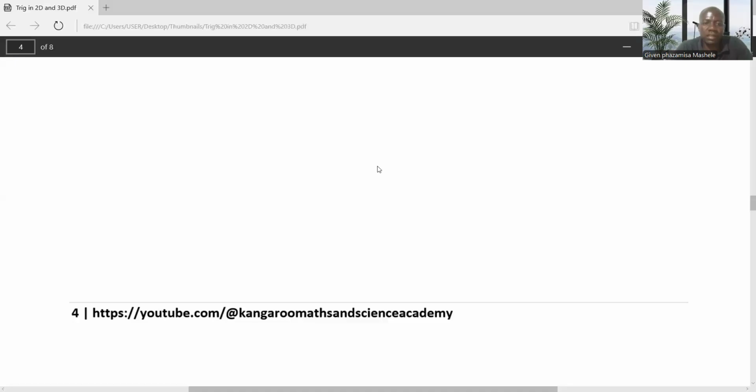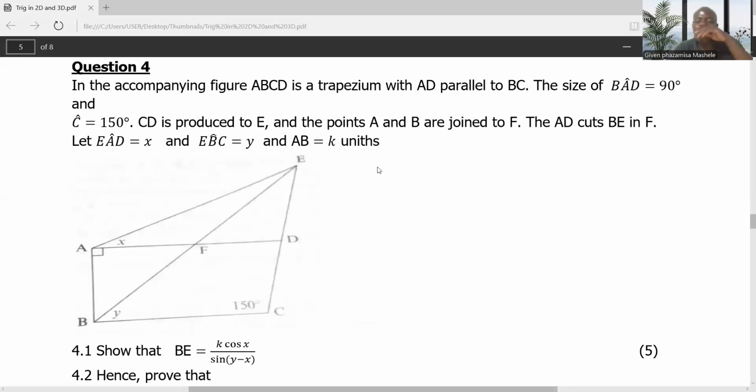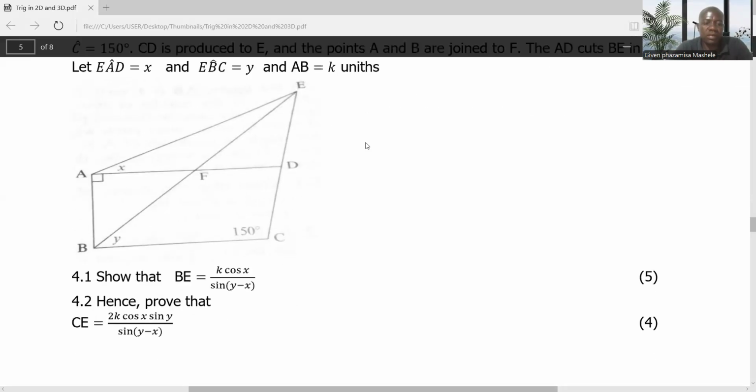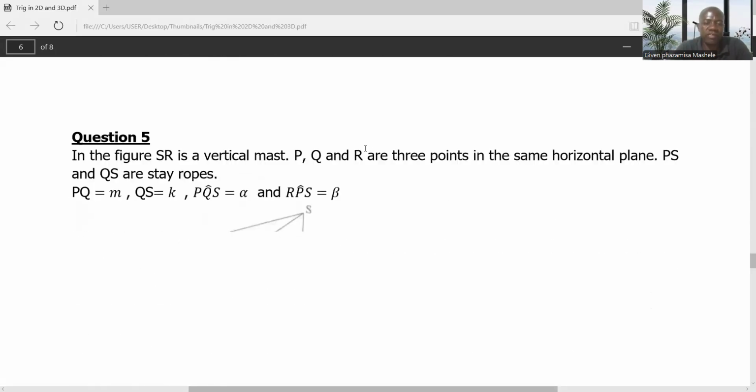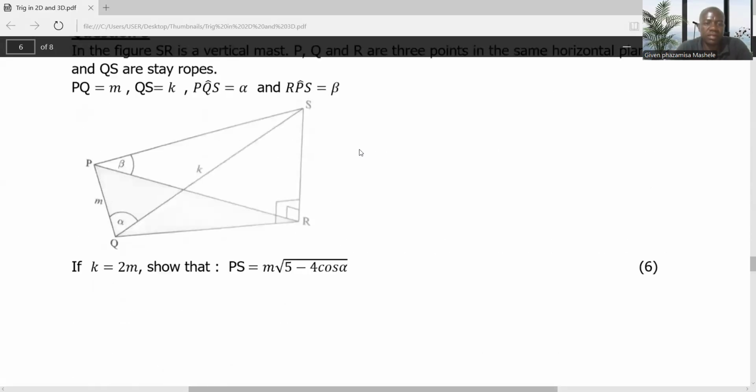Okay, so we went through number 3, then number 4, and number 5. You see, this one shows that for you to prove it, you must use the cosine rule, because of this root sign.